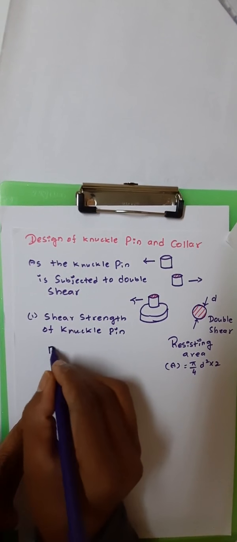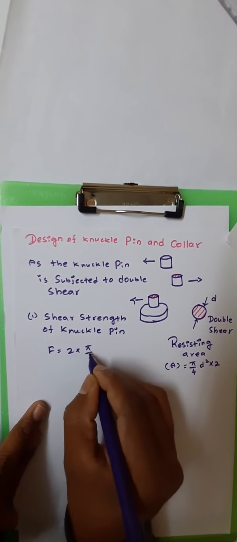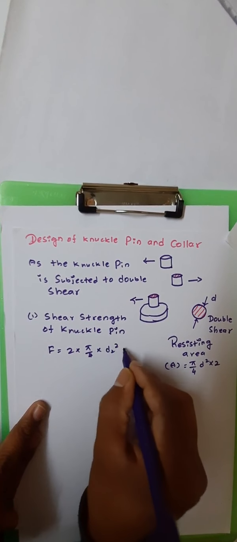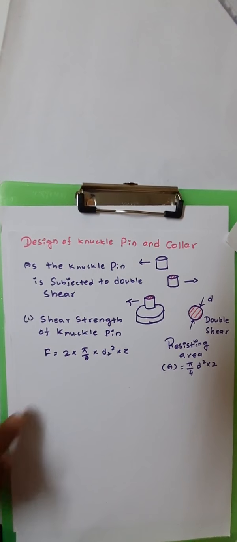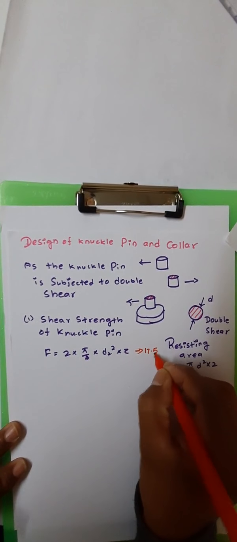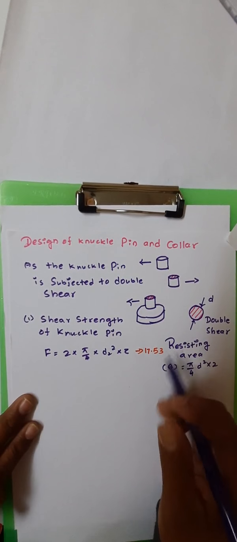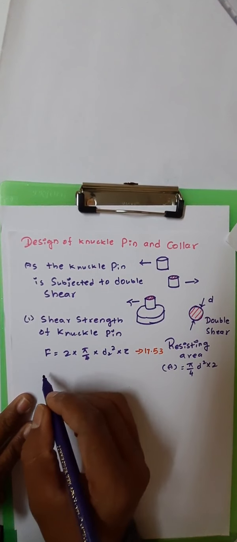F is equal to 2 into pi by 4 into d2 square into tau. This is the equation available in the design data handbook, equation number 17.53.